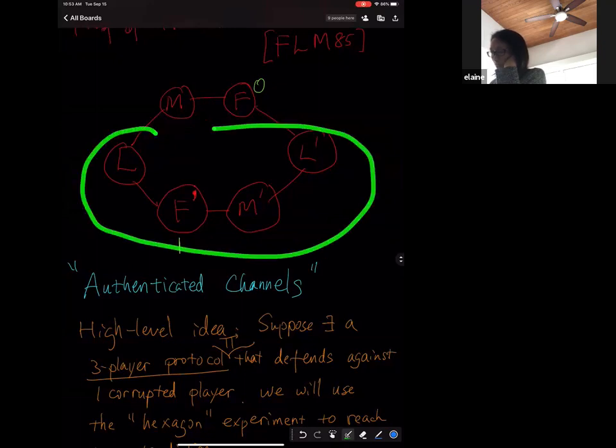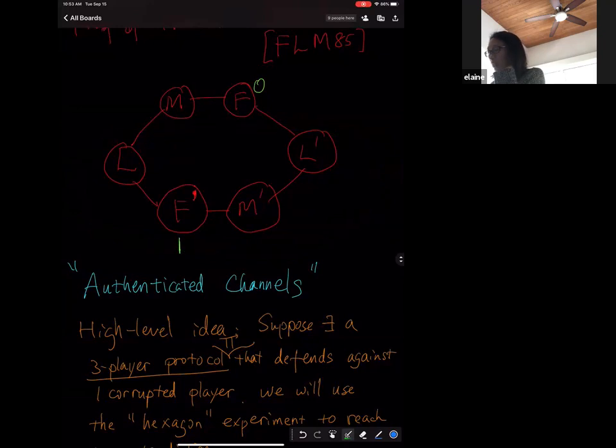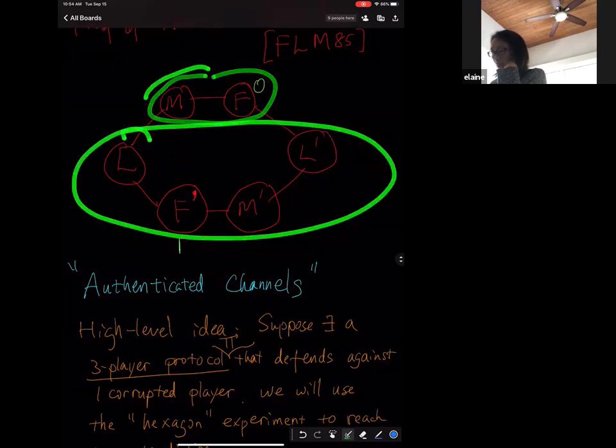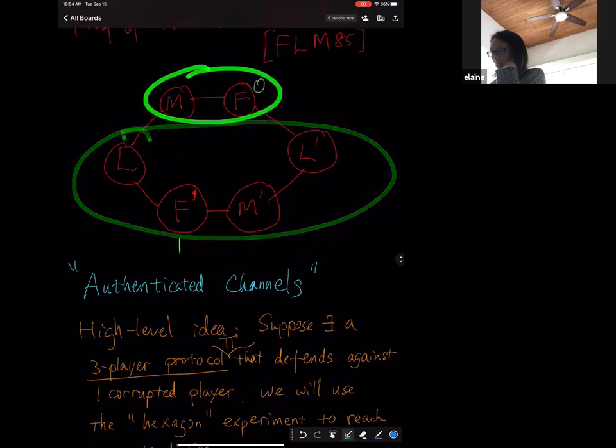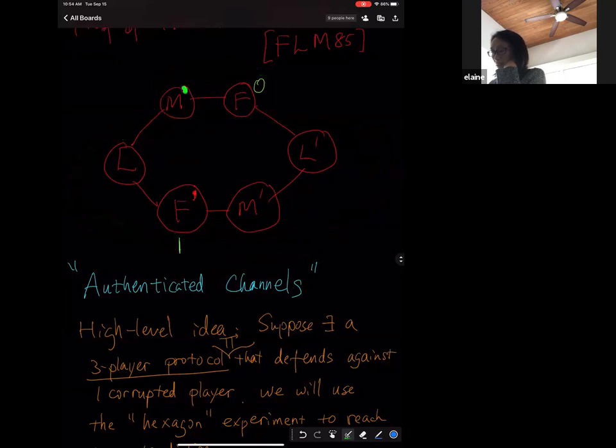And again, we know that pi is supposed to defend against a single corrupted player. And in this case, because F and M are honest, this is the corrupt party, these 2 are honest. And we can conclude by validity that M needs to output the sender's decision, right? The sender is F, it has the input bit 0.